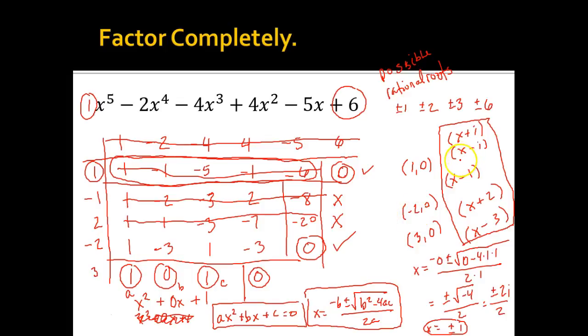But then we had two other factors. Remember that if we have x to the 5th power, we need to have 5 factors, so 5 little binomial x minus somethings. And we have that, but 2 of them don't correspond to any number on the x-axis, to any real number. So let's talk about what that means on the next slide for just a minute.